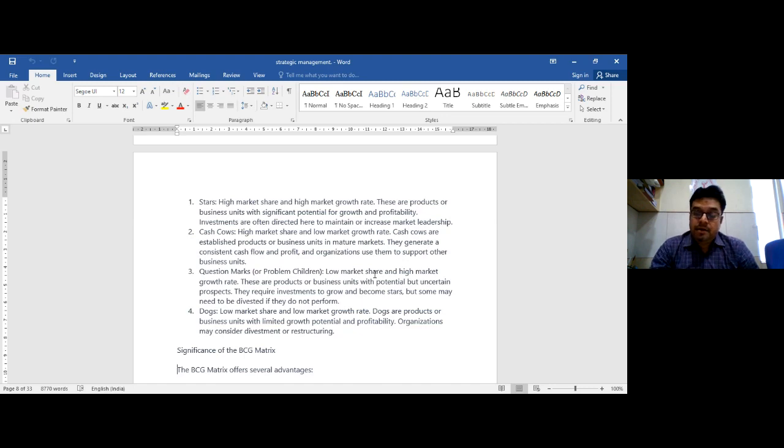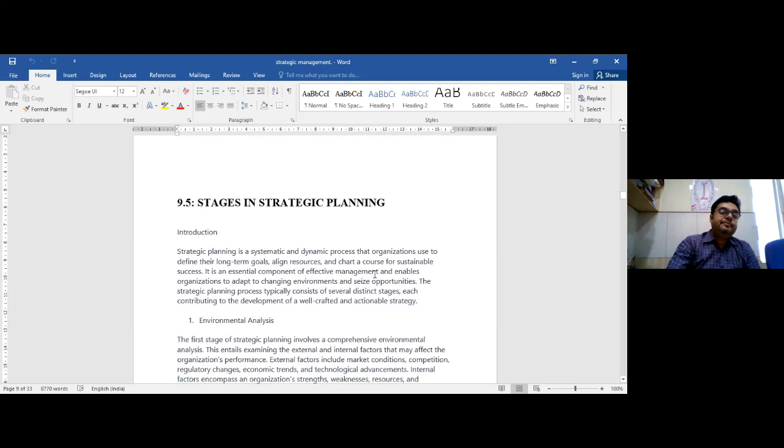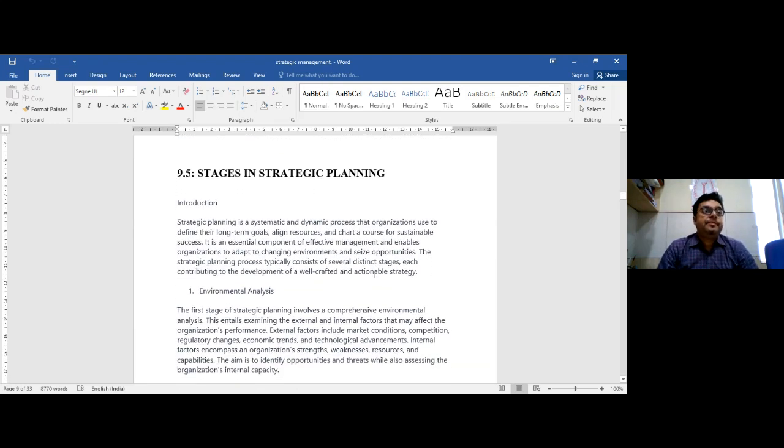Okay, we move ahead to the topic that we will start afresh: strategic planning. What do we mean by strategic planning, and why do companies engage in strategic planning in strategic management, and what steps does strategic planning include? Because we can consider strategic planning to be a process.